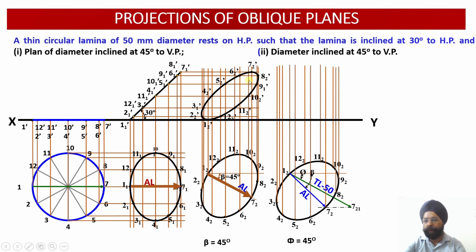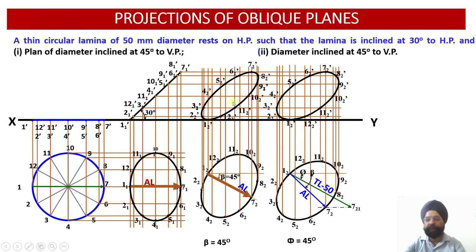For all these 12 points from the previous elevation view, horizontal locus lines will be drawn and the corresponding points of intersection will be evaluated. Just see, this is point 12 dash, one by one we have evaluated all these points. Now we have joined all these points with the help of a freehand curve and the final shape will be that of an ellipse.